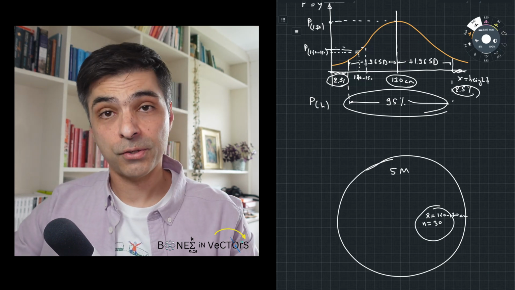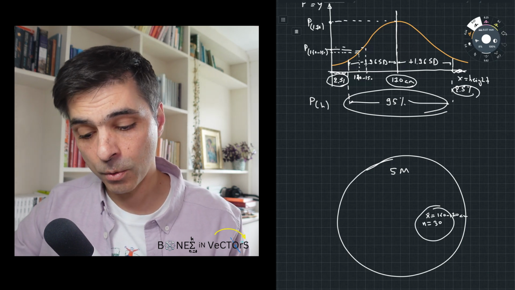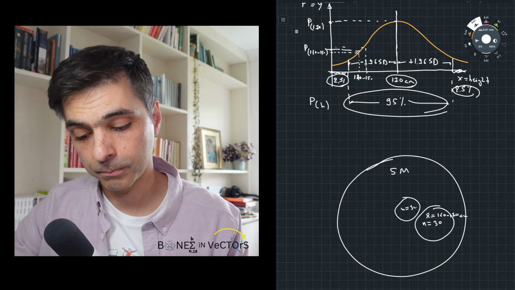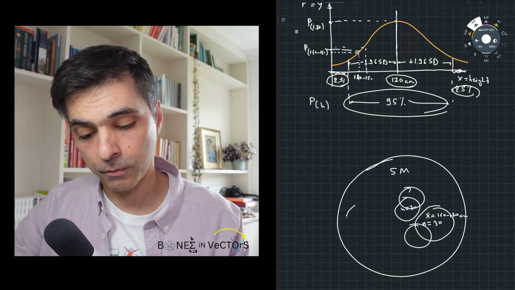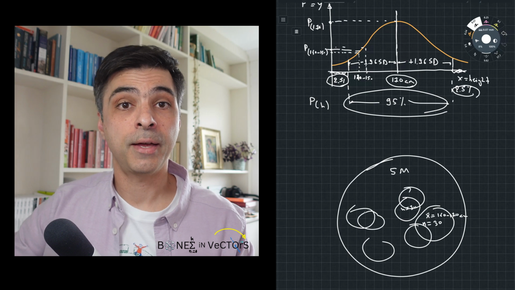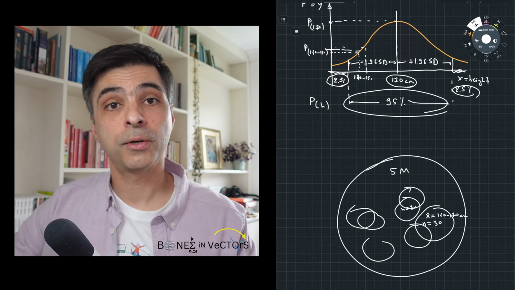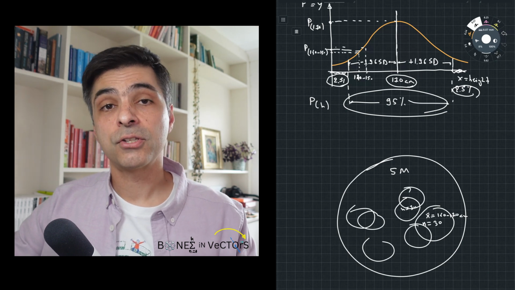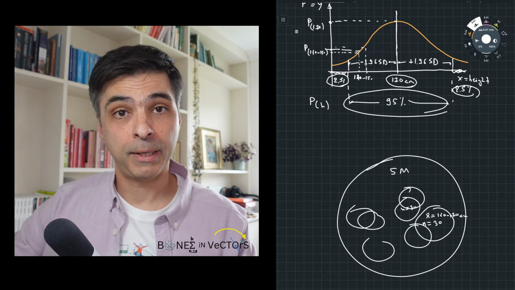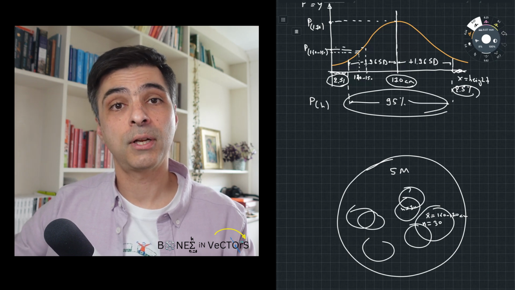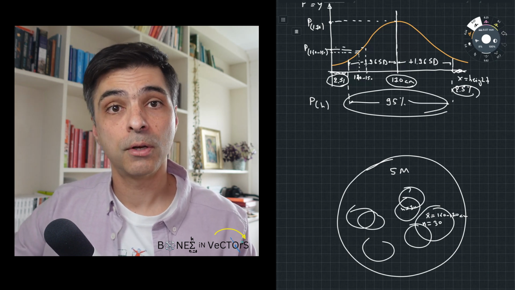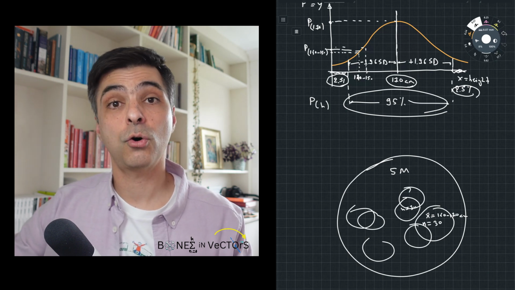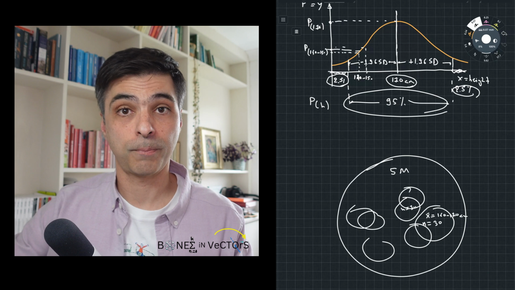To find this, we would need to take many random samples of size 30, many of them. And then we would plot the results in a graph. This graph will give us the probability that if we randomly select 30 people from our town, their mean height will be between, say, 160 to 170, or any other interval we choose.